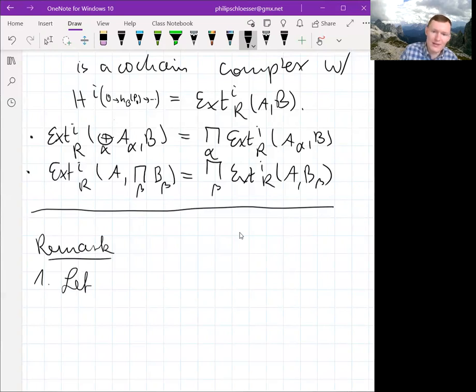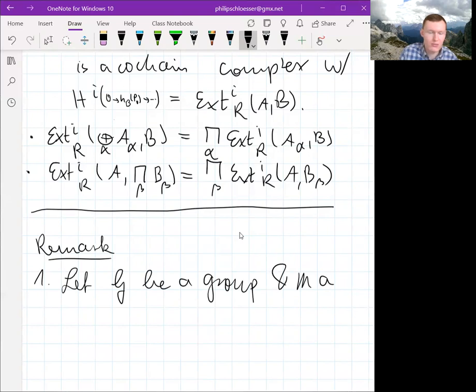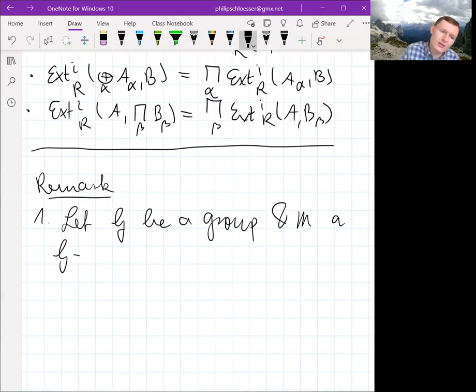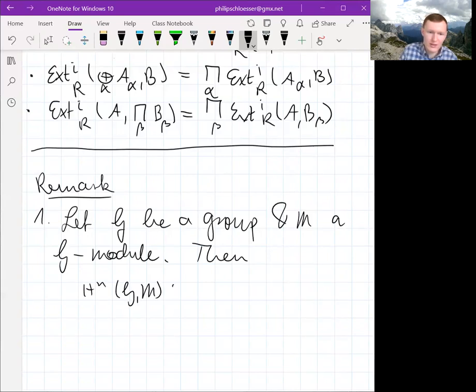So let G be a group and M a G module. We can define this thing to be Ext^n.